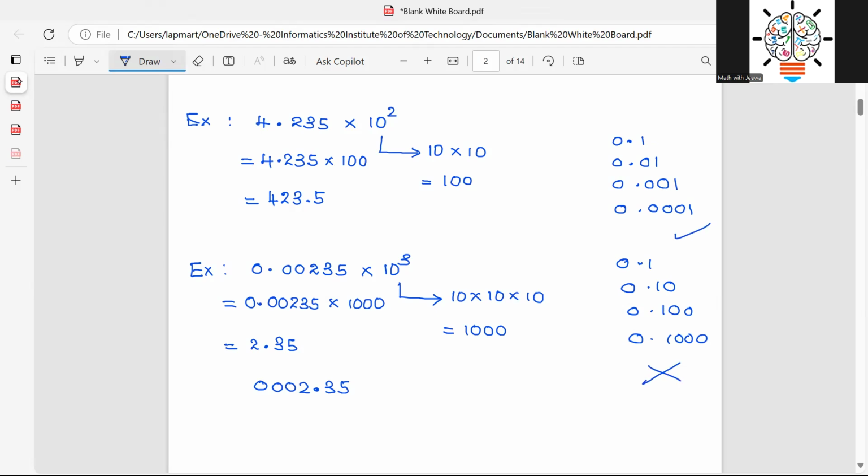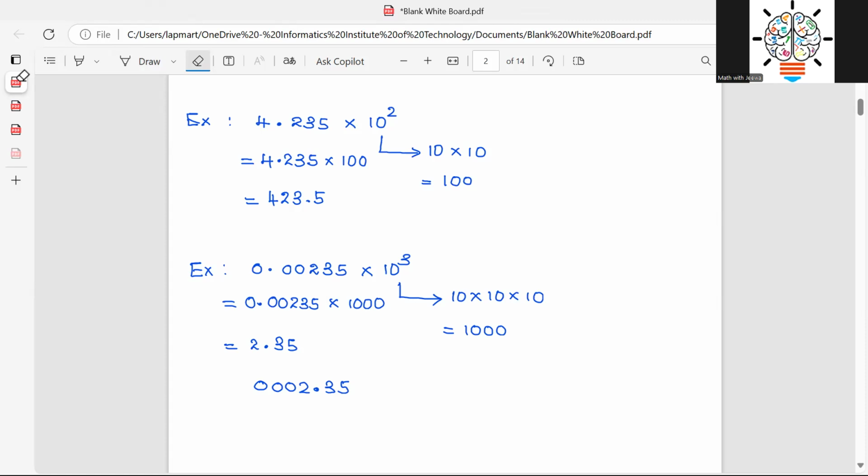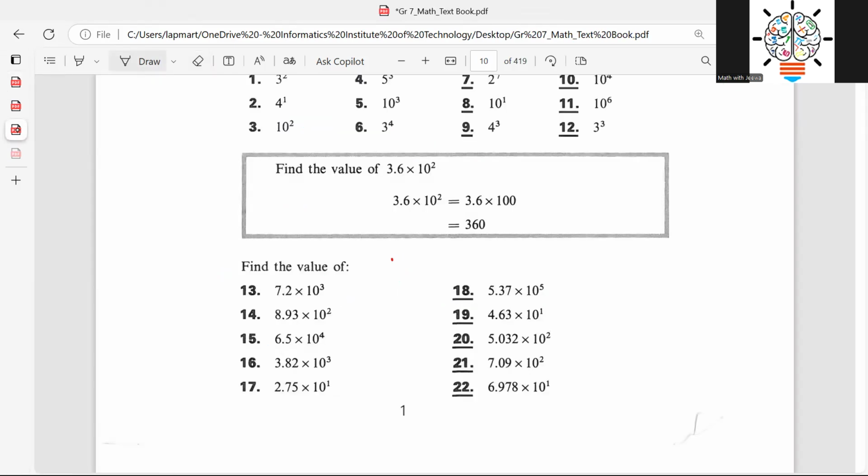So if it is a decimal, this is what happens. Earlier I explained what happens if it is a whole number. Those are very basic things you should know. By any chance, if you can't understand what I said here, go back and listen to it one more time until you get it clear, right? So you don't want to write the answer like this. You just write 2.35.